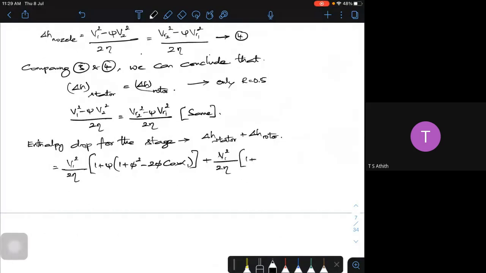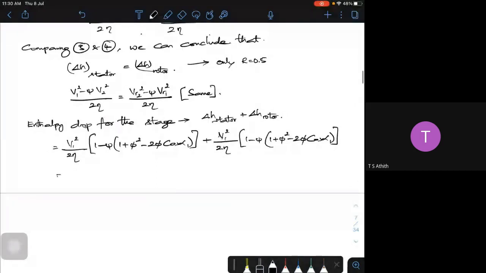This is V1 square by 2 plus V1 square by 2.